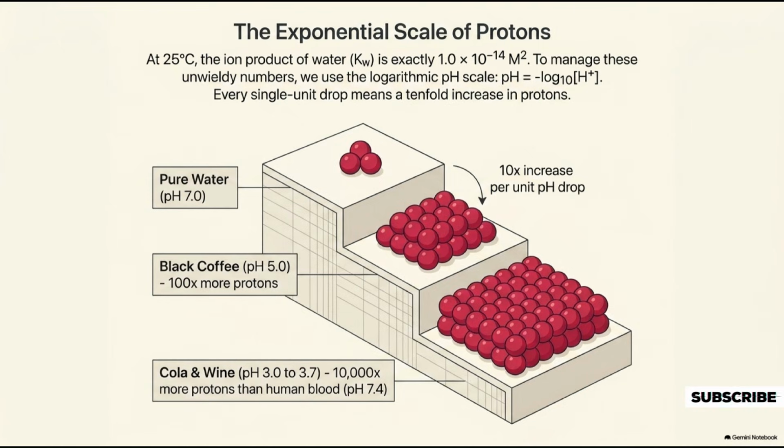For example, a cup of black coffee with pH 5.0 has 100 times more protons than pure water at pH 7. Meanwhile, a common carbonated cola with a pH of 3.0 or a glass of red wine with pH 3.7 has a hydrogen ion concentration approximately 10,000 times greater than that of human blood, which is slightly basic at pH 7.4.